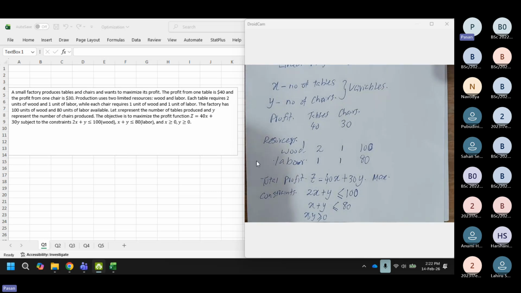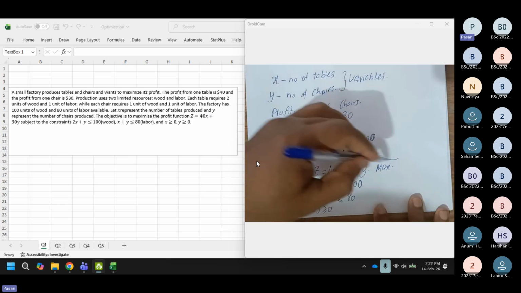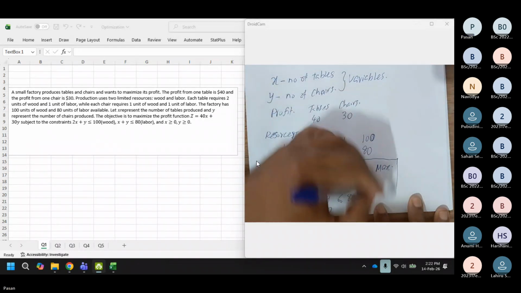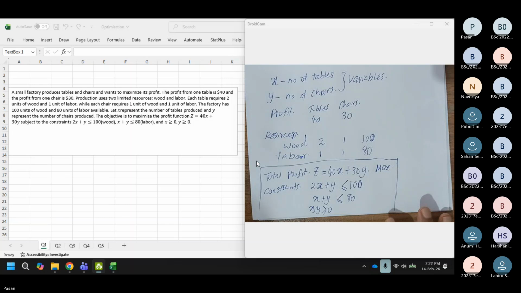We call it the formulation of our problem, right? So I can formulate my problem like this. Okay. So once I formulate that problem, then I can try to solve this one.